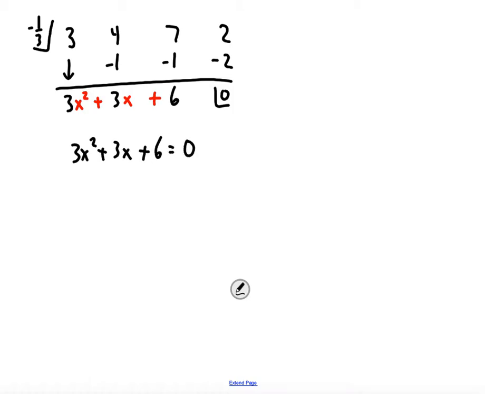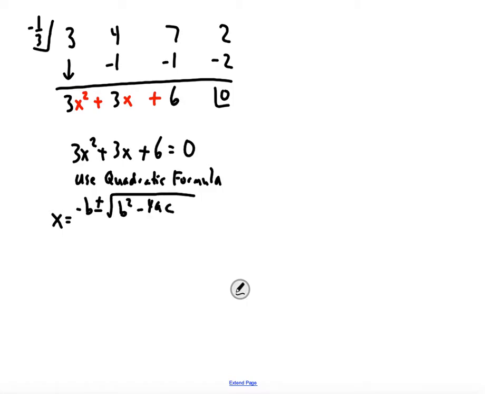So we got it down to a quadratic, so now we can use either factoring or the quadratic formula. So let's go ahead and just use the quadratic formula. The quadratic formula says x equals the opposite of b plus or minus the square root of b squared minus 4ac, all over 2a.